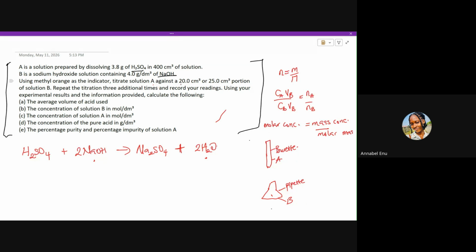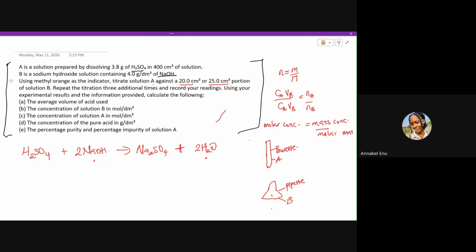Now they are saying 20 centimeters cube or 25 centimeters cube because pipettes, that's the tiny thing that we use to suck the acid or base, they have 1 mark portion here. Now the pipettes can be in 20 centimeters cube or 25 centimeters cube, depending on the one your school is using. But I feel like the more common one is the 25 centimeters cube pipette.